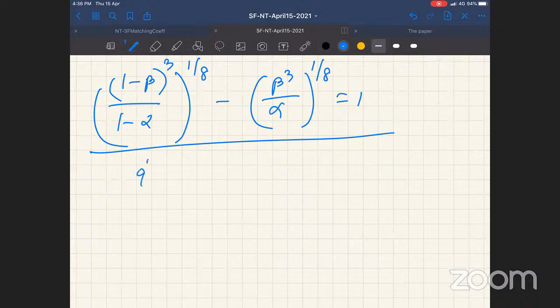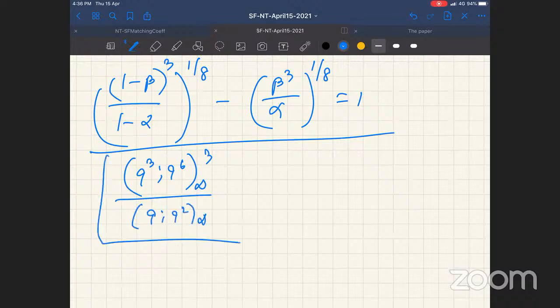And the concerned Q product is here, cube over q square infinity. This is the Q product. If we consider this Q product and use this modular equation, or rather we transcribe this modular equation into Q products, we see that we get a Q product identity which gives the required matching coefficients.